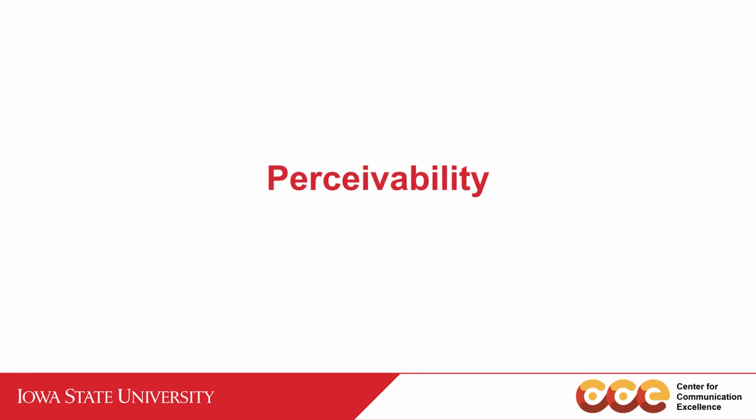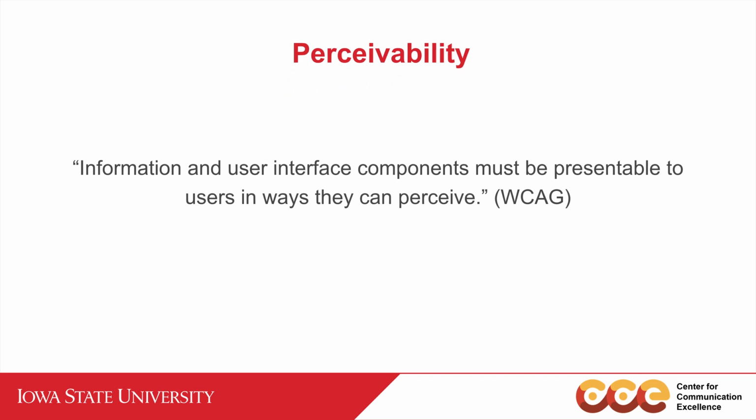Perceivability. The WCAG definition of perceivability is information in user interface components must be presentable to users in ways they can perceive. When you're putting together a research presentation or writing a paper, consider how your content engages the five senses: sight, hearing, smell, taste, and touch.